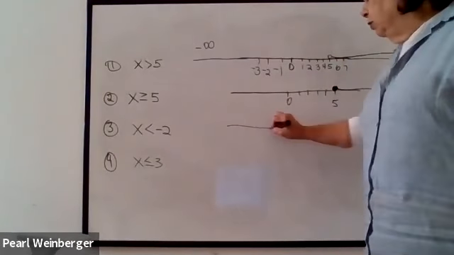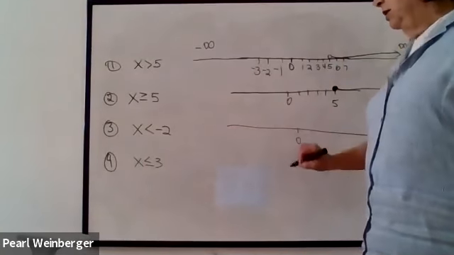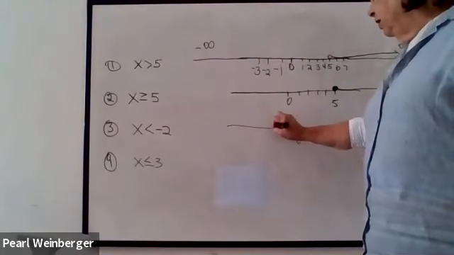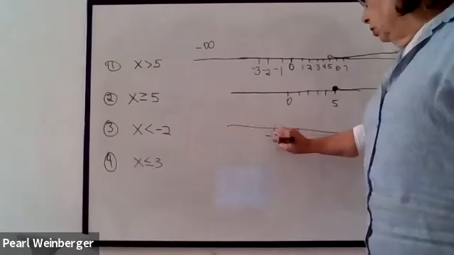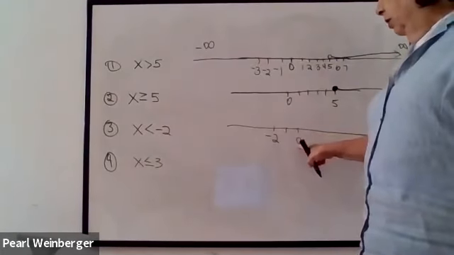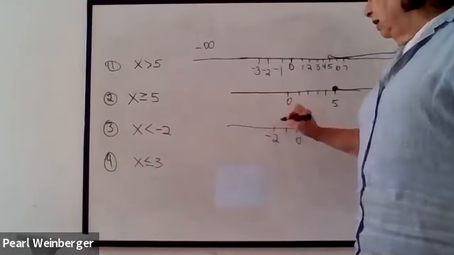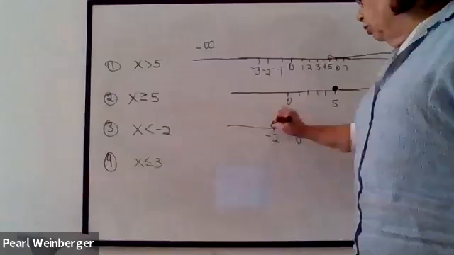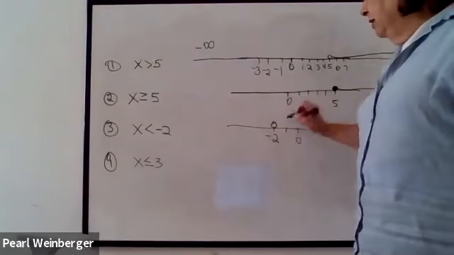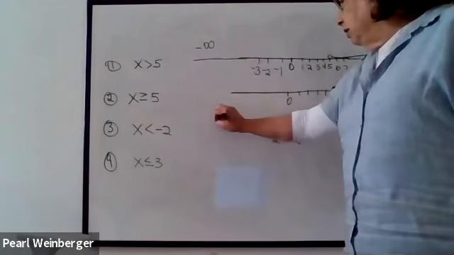What about this one? Here's x less than -2. So I have to start at the -2, which is to the left of the 0. Since it says x is less than -2, when there's no equal sign, it's an open circle. And in this case, this looks like it's pointing to the left. We make an arrow pointing to the left.